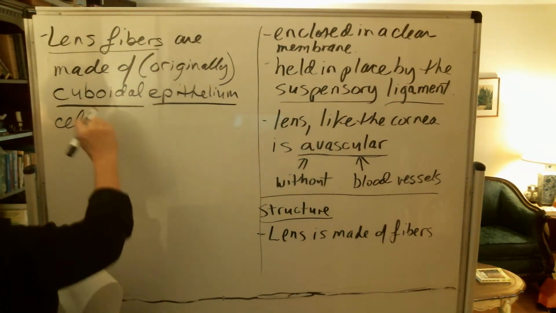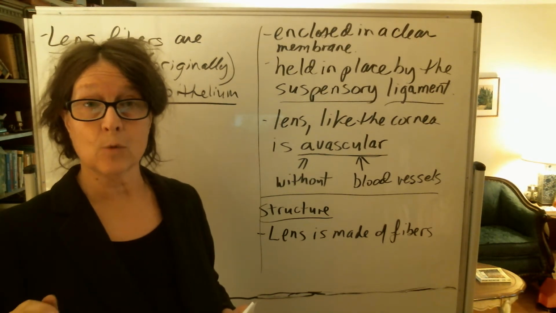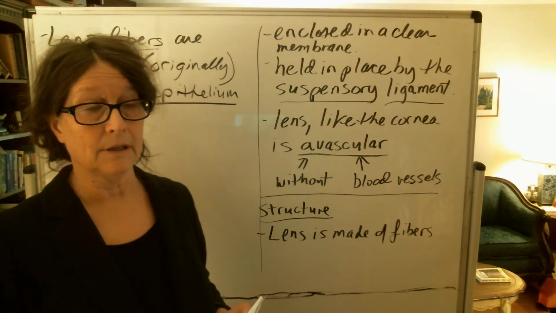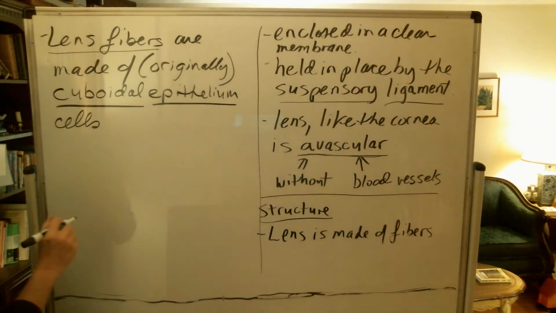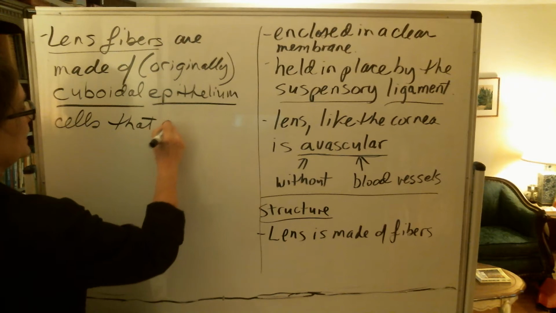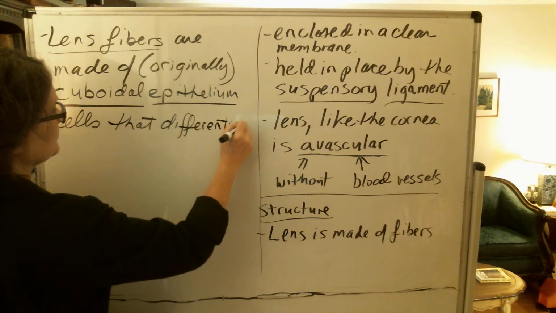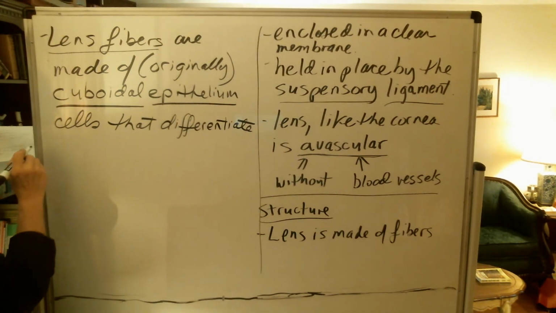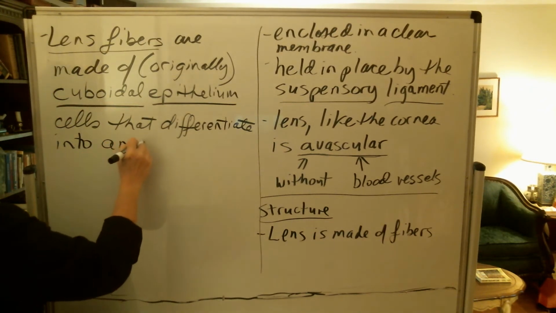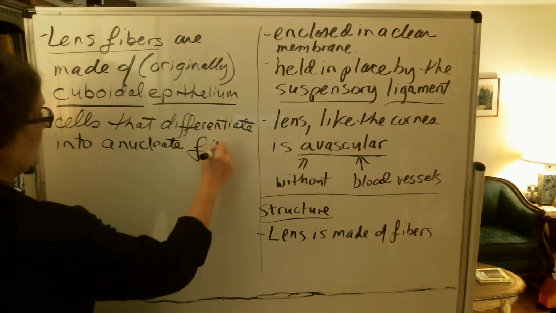Like, for instance, in this case being the origin of the lens of your eye, you remember that there is squamous epithelium, there is cuboidal epithelium, and there is columnar epithelium. So in this case, we are talking about cuboidal epithelium cells that change. So they differentiate into anucleate fibers.